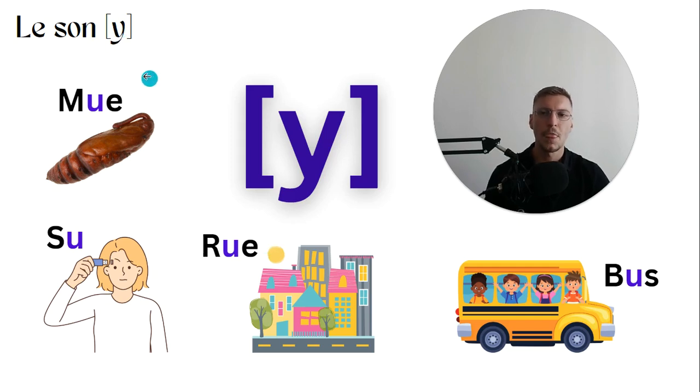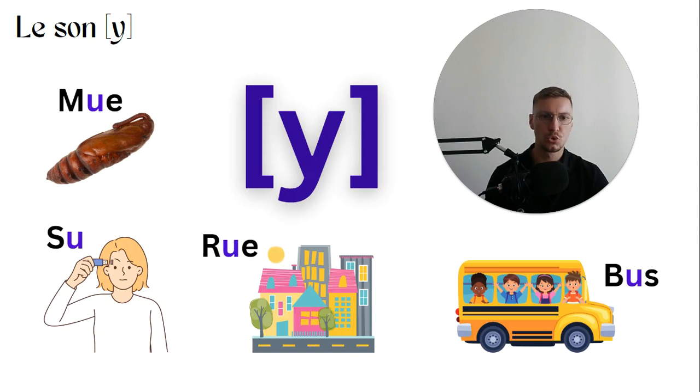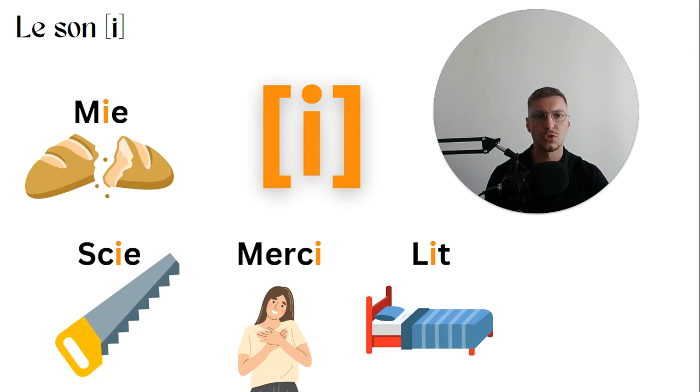As far as watching a video goes, it's as much help as I can give you. So you can practice mu, su, ru, bu. Bus, c'est pas bus, alright? Bus doesn't exist. I don't want to hear this. Bus. OU, tongue back. U, tongue pushing forward, okay? From now on, let's consider that in terms of gesture.